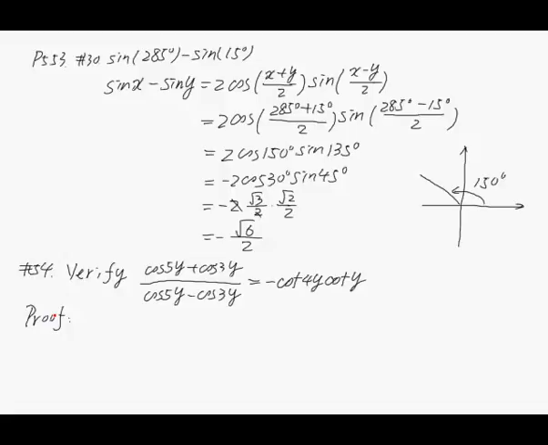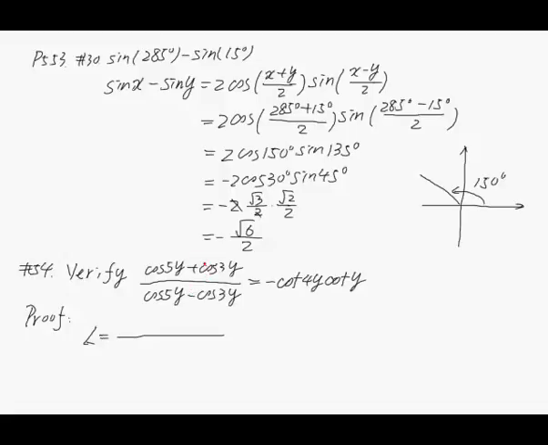Tell me, which side should I begin with? Left, right? Because the left side is more complicated. So we begin with the more complicated side. So L is equal to, and for the numerator and denominator of this left side, we need to use the sum to product identities.